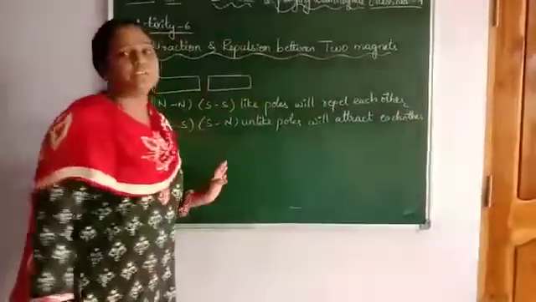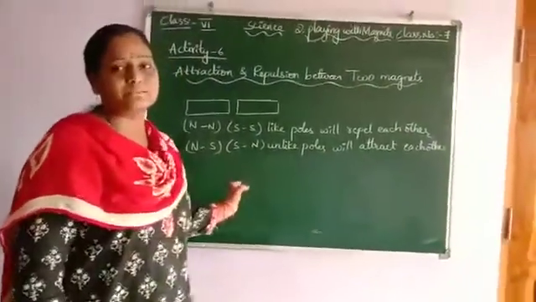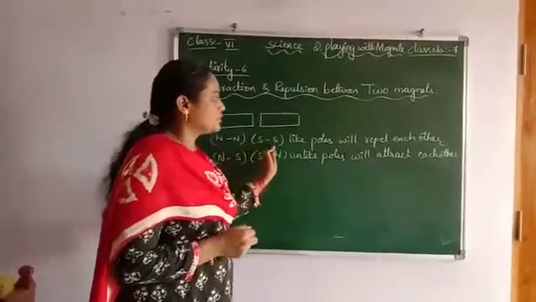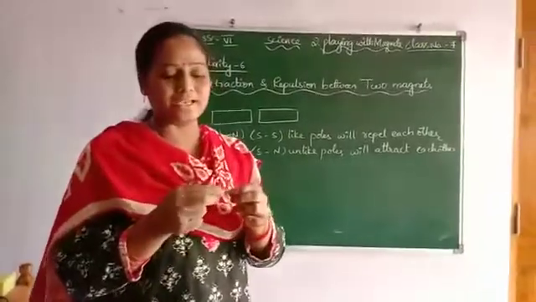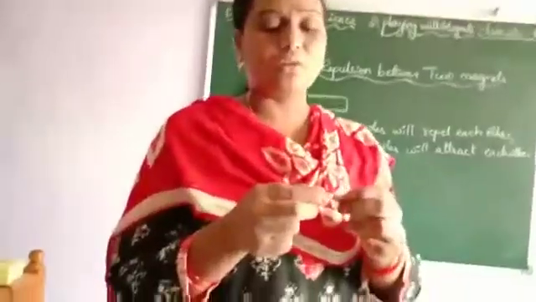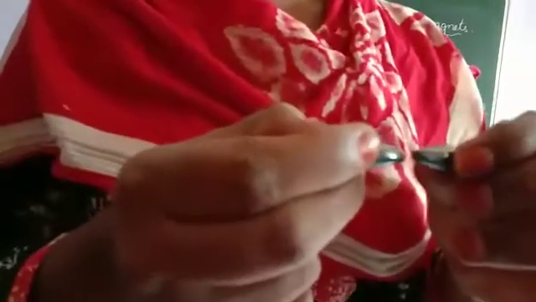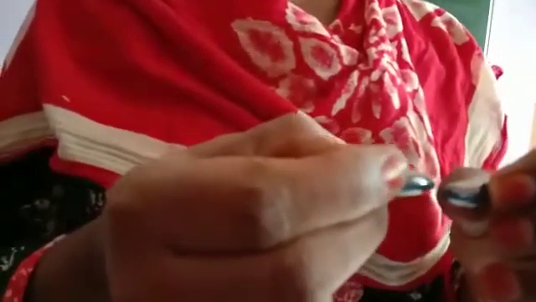Now I will show you with some magnets. North pole and north pole, or south and south, will repel each other like this. See, they are not going to attract. They are rotating in my hands and skipping from my fingers. These are known as repulsion. And if you turn it, what happens?